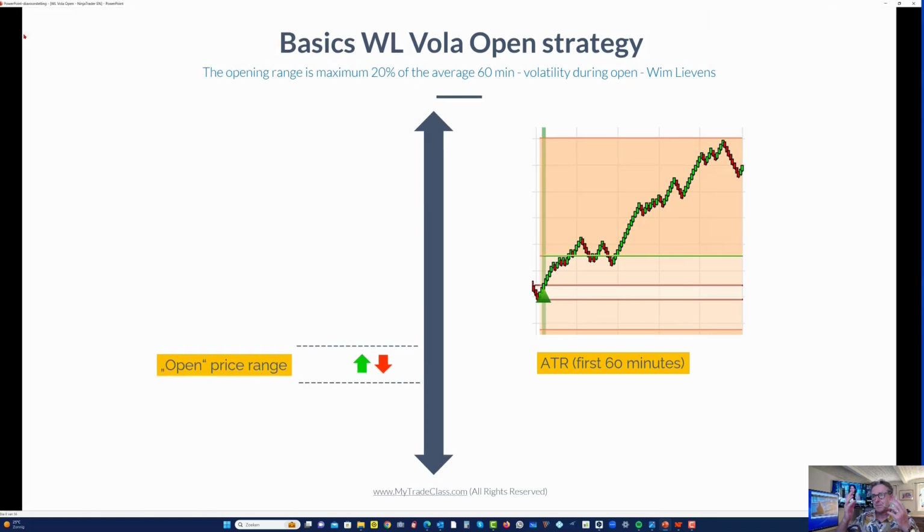Now, what do we do? How do we set this? How did I program this? How did I think of this? What I actually did was look at the volatility in the time where I wanted to trade the strategy, which is at the open.